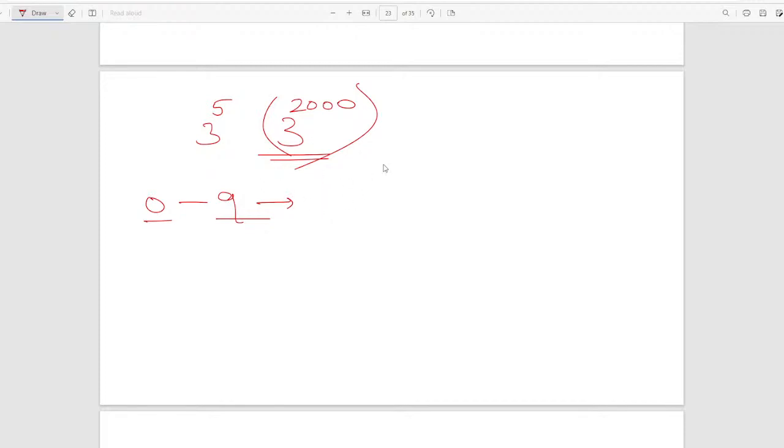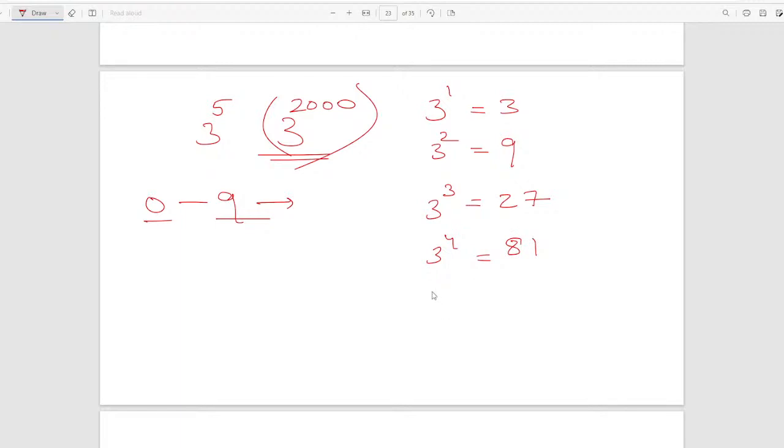For example, let's take 3. So 3 raised to 1 is 3. 3 raised to 2 is 9. 3 raised to 3 is 27. And 27 into 3, 3 raised to 4, is equal to 81.